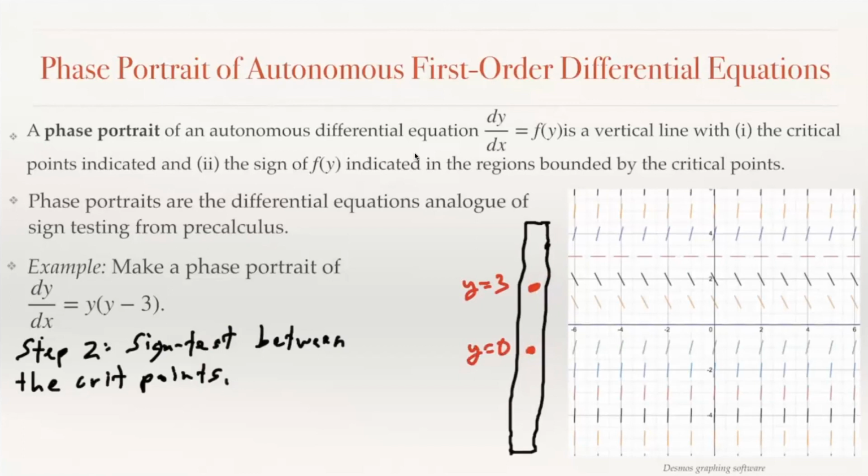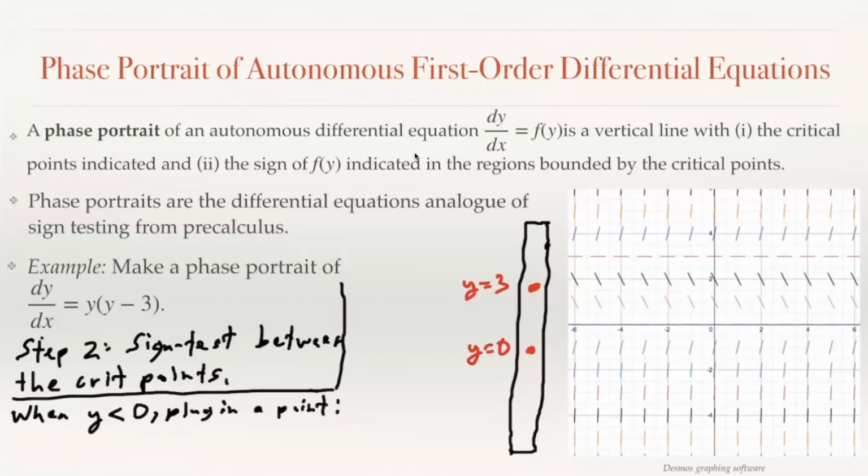By sign testing between the critical points, we mean the following. When y is less than 0, we'll plug in a point less than 0. We'll choose, say, -1. y prime of -1 is -1 times (-1 minus 3), which is 4, positive. So that means that down here it is increasing.